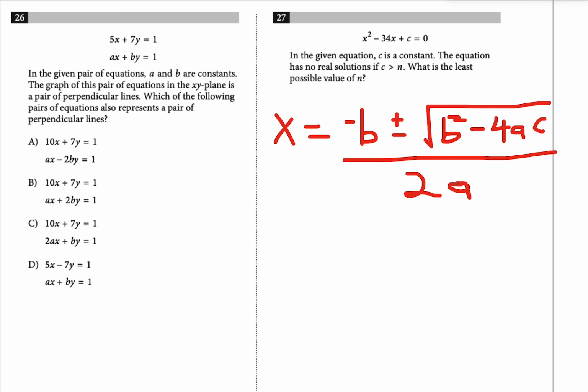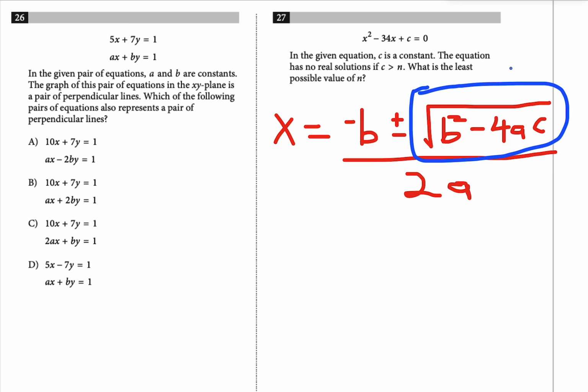From what this question is asking, the second sentence says that the equation has no real solutions if c is greater than n. What is the least possible value of n? So we're more interested in this region of the equation, because if whatever is in the radical, the square root, turns out to be negative, then the equation is not going to have real solutions.